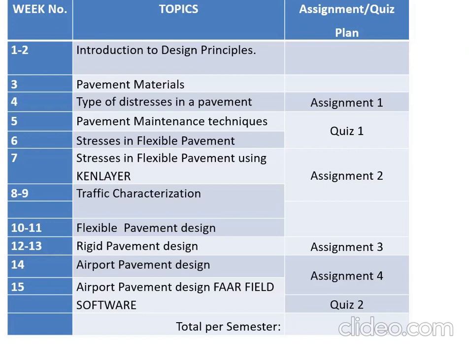We move on to week 6 and 7, discussing stresses in flexible pavement, theoretically and by using a software layer. Week 8-9 is dedicated to traffic categorization. We also discuss the flexible method of pavement design, AASHTO, and in the next 2 weeks we discuss rigid pavement design.